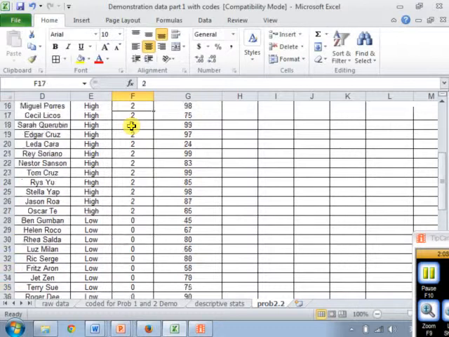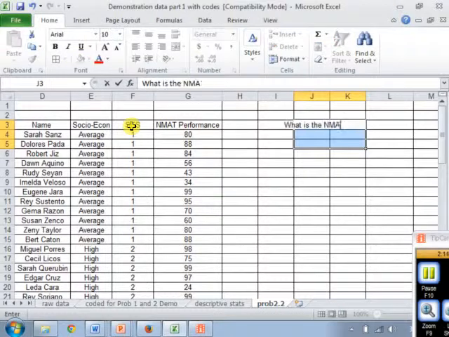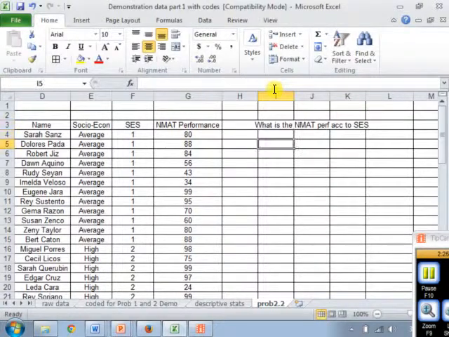Alright. So, the question is, what is the NMAT performance when they are grouped according to what? According to SES. Alright. So, what are your SES?